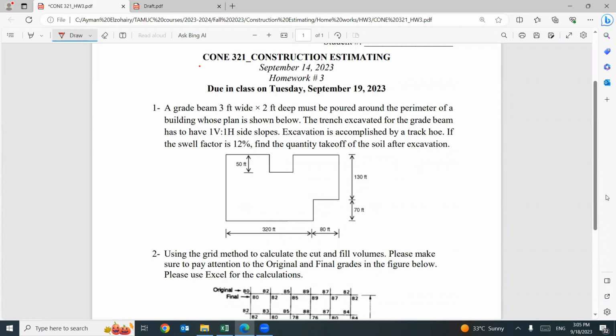In the first one, we have a grade beam 3 feet wide, 2 feet deep. So this is your beam, looks like this.